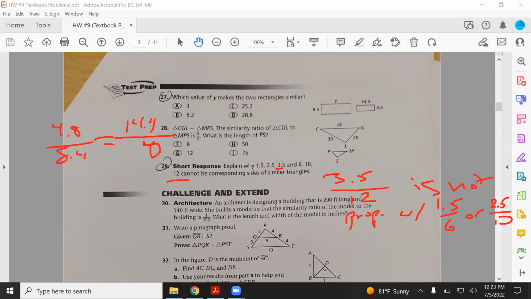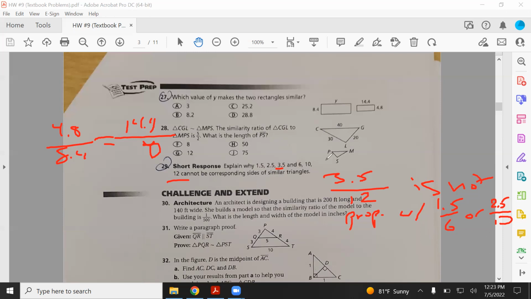Yeah, use a calculator for that one. 14.4 times 8.4 divided by 4.8.